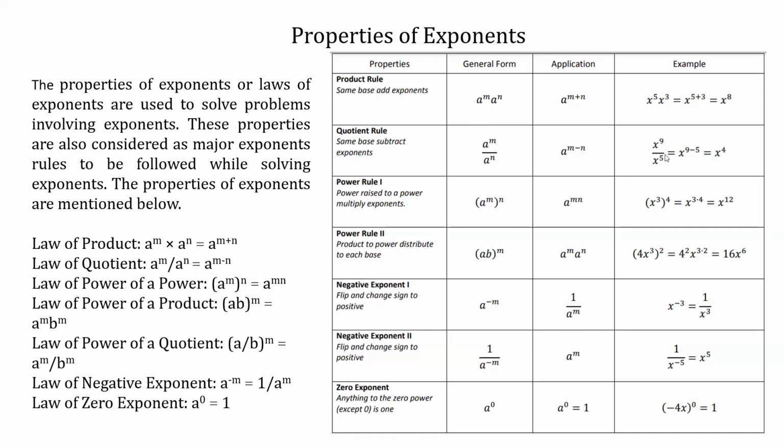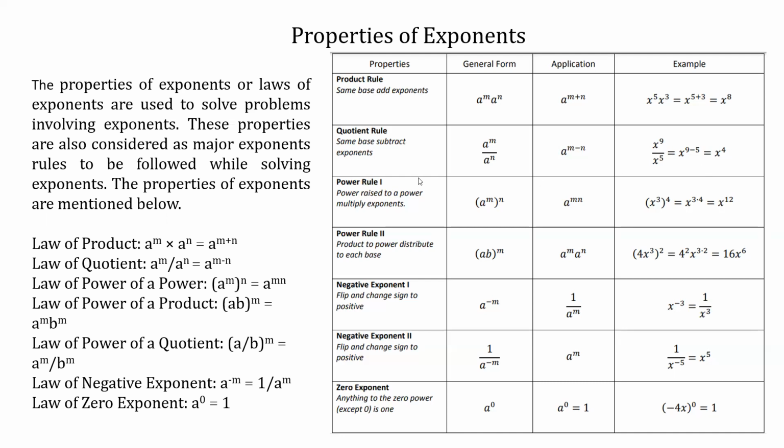For example, we must find this quotient such that the bases of these expressions are the same. We just subtract the exponents, and the answer of this quotient is x to the power 4.